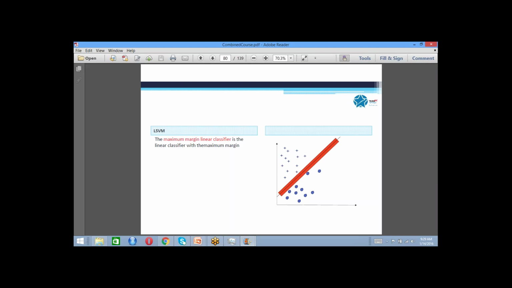But then we have a new concept which is saying that if you take the band of separation, which is your margin, plus the data points which are on the boundary of this margin, those we call support vectors.